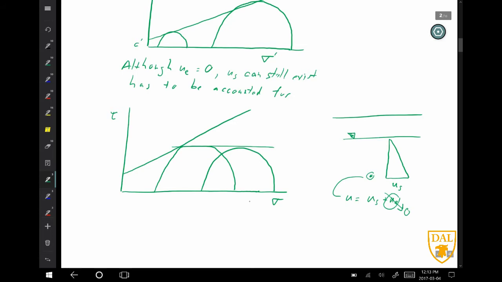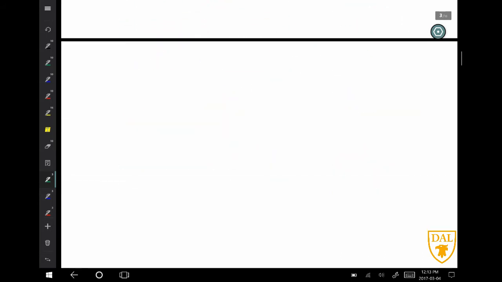That can cause the stress circle to hit the envelope. It can induce yielding. So that is the static pore pressure component. So that is how pore pressure has to be considered in a drained scenario.